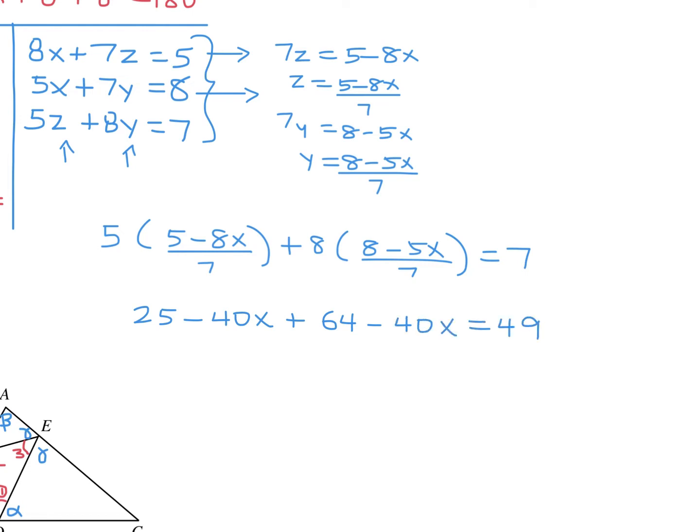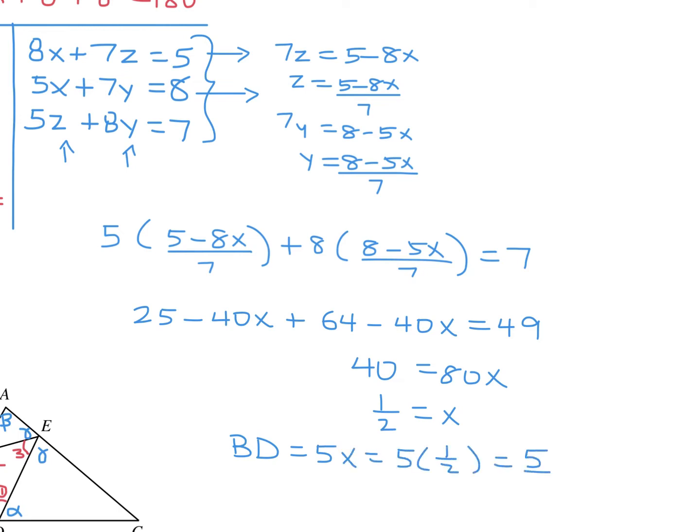So this looks like 80x, and then 25 plus 64 is 89. 89 minus 49 is 40, and therefore x is a half. Great. And I have to figure out BD, which if I recall was 5x. So that's 5 times a half, which is 5 over 2. There you go. That's the answer.